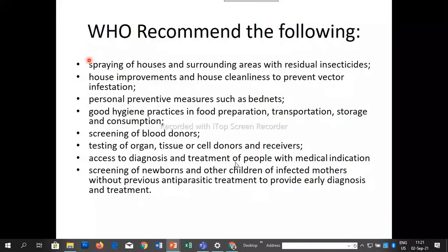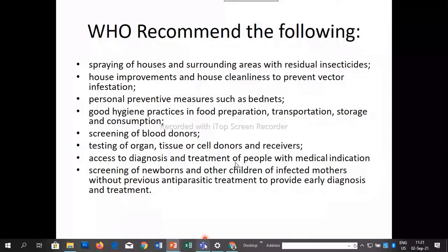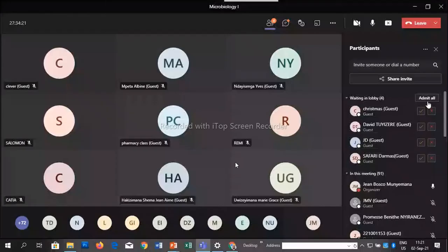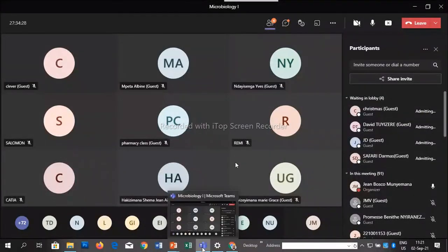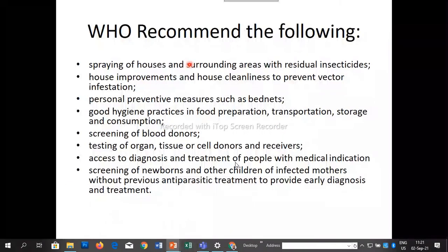WHO recommends some activities in an endemic area, such as spraying of households. We spray with insecticidal repellent, so that we control them, or the surrounding area with residual insecticides.